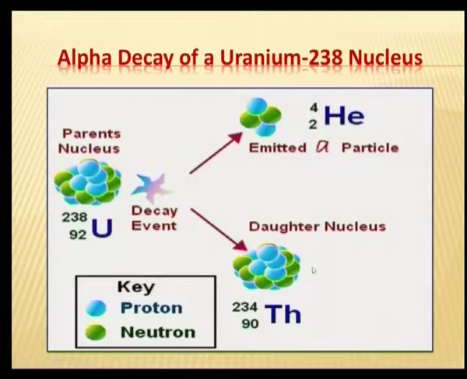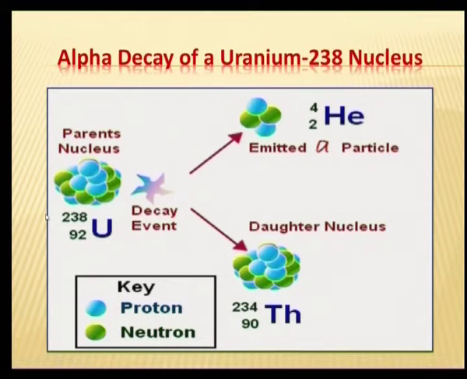You got a 4, that is the mass number. The daughter nucleus obviously should have the mass number 234. Out of 238, 4 has been given to the helium. So, 234 plus 4 makes 238. So, the mass number is reduced in the daughter nucleus by 4.